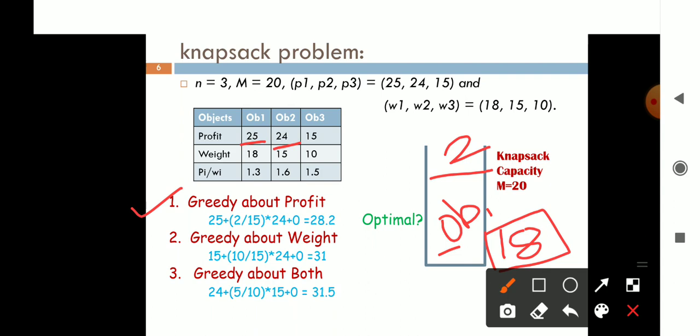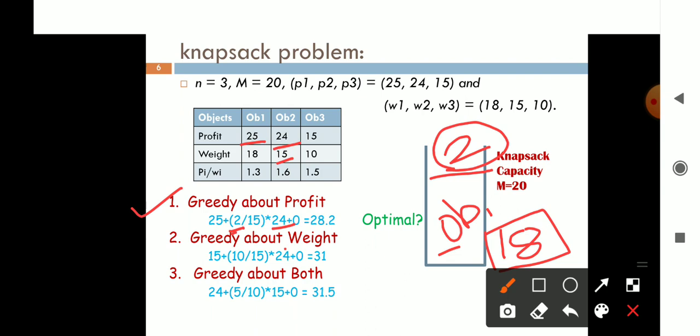The first highest profit is 25 and after that the highest profit is 24. So we are going to choose an amount of 2 because our remaining capacity is 2. Out of 15 kg we are choosing only 2 kgs here, and the benefit from that we are getting 25.